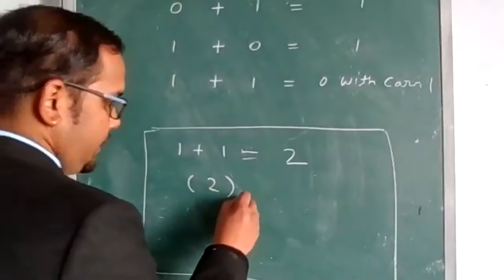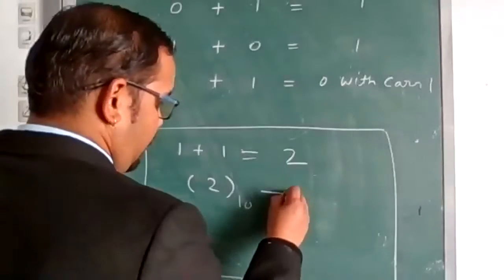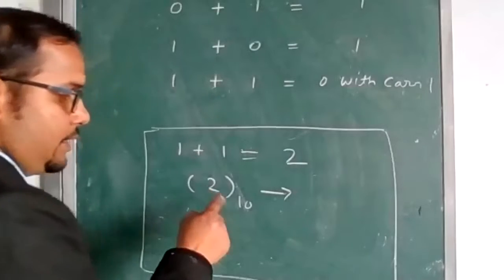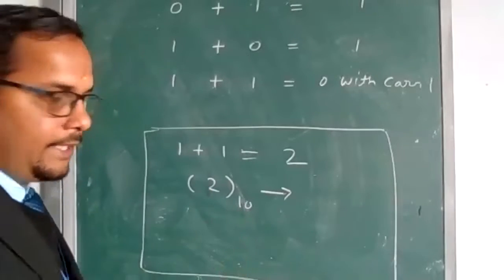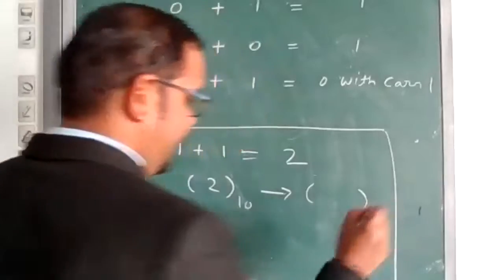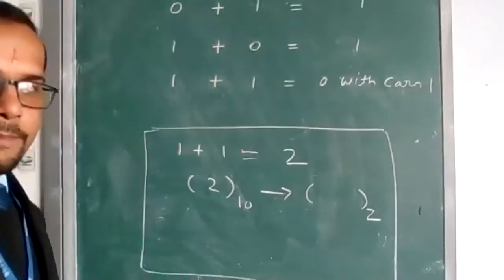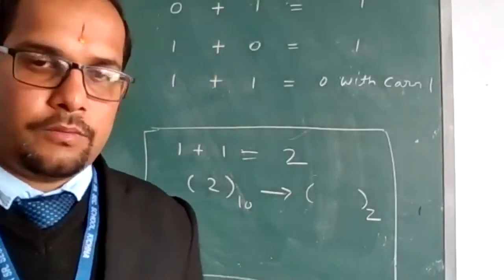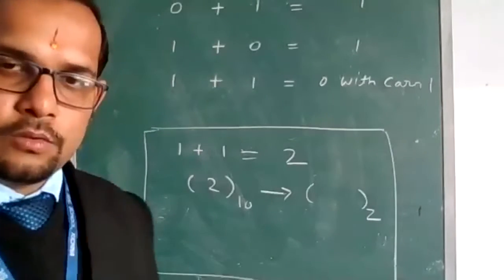So the base of 2 is 10. This topic we have discussed in the previous class. Now 2 is written in base 10 and we want to convert this base 10 number into binary. Binary number covers only two digits: one is 0 and the second one is 1.